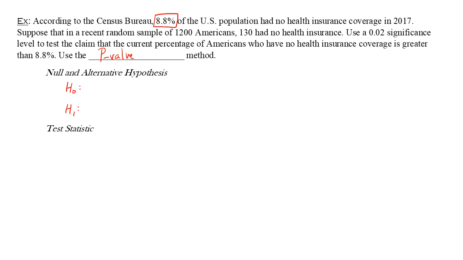So if I read the first sentence, it says, according to the Census Bureau, 8.8% of the U.S. population had no health insurance coverage in 2017. So this will be the claimed value of P that we're going to use in our null hypothesis.